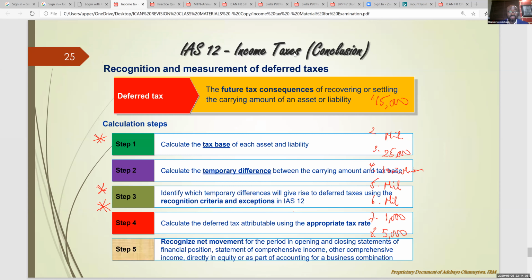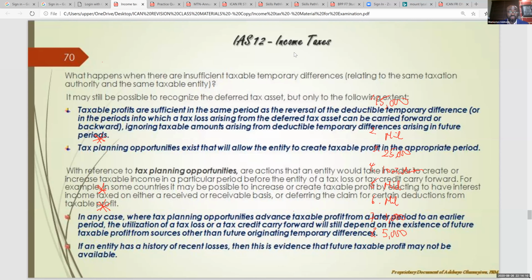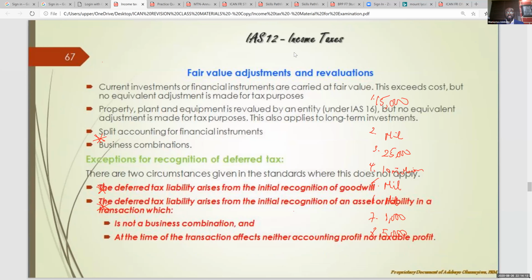Okay, now this is the last one to look at. Exception for the recognition of deferred tax assets.